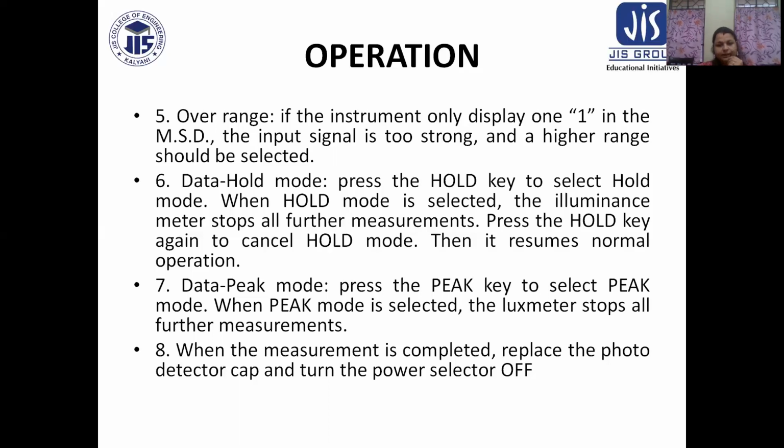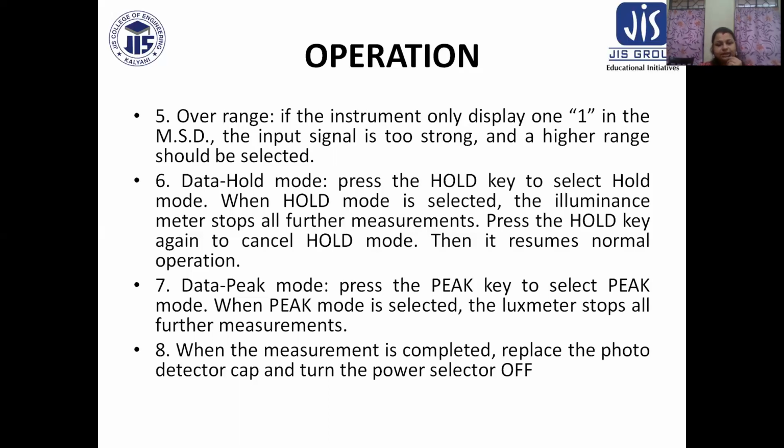After that, data peak mode. Press the peak key to select peak mode. When peak mode is selected, the lux meter stops all further measurements. That means if we want to see the peak mode, then we have to press the data peak key.